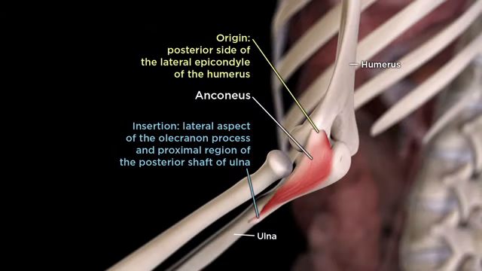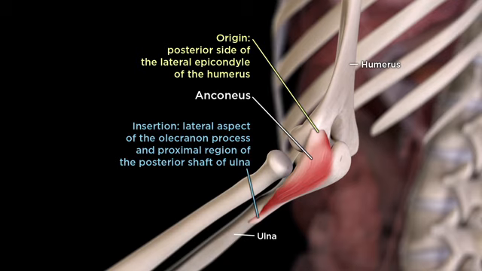Anconeus is a small muscle also supplied by the radial nerve, and anconeus also extends the elbow. It originates off the posterior side of the lateral epicondyle of the humerus and inserts on the lateral aspect of the olecranon process of the ulna, as well as the proximal region of the ulna's posterior shaft.